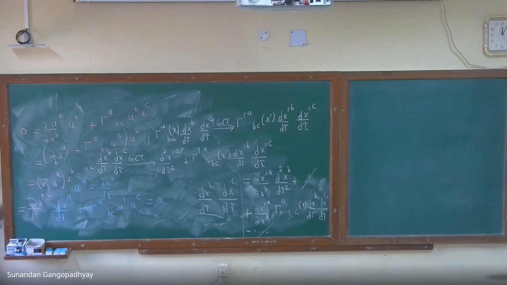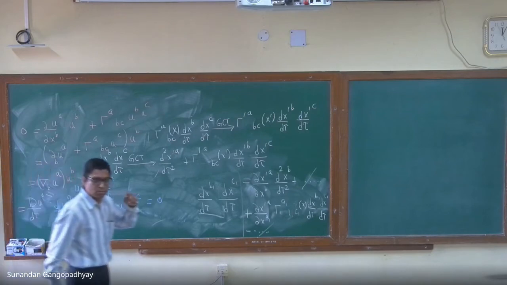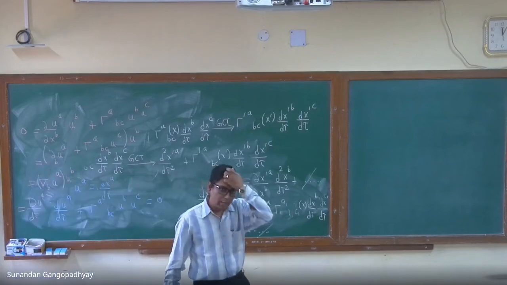I introduced this notation. Capital D over small d tau is basically UV grad the UA. Tau is the parameter of the path. You are parameterizing the curve by tau this time, so earlier it was being parameterized by lambda.